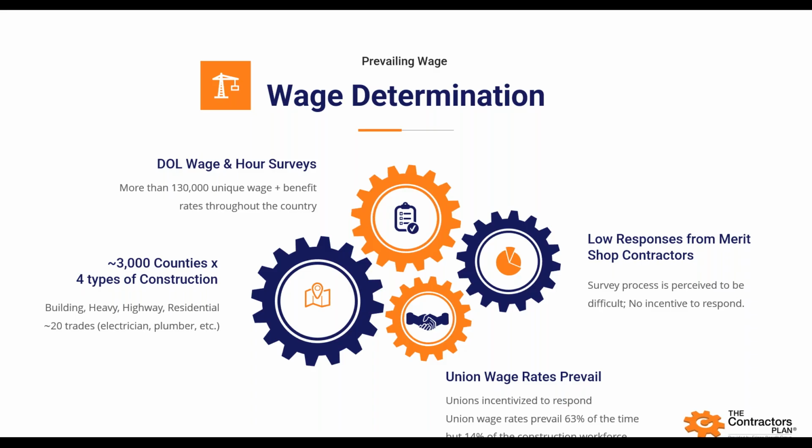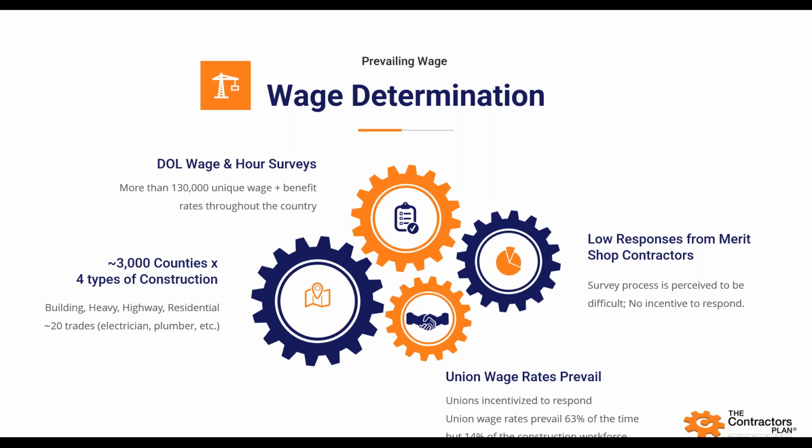The reason there's so many wage rates is because you're talking about 3,000 different counties and 4 types of construction. Building, that would be like a commercial office tower. Heavy, which is basically the bucket that everything else that doesn't fit into the other 3 fits into, like dams or something like that.